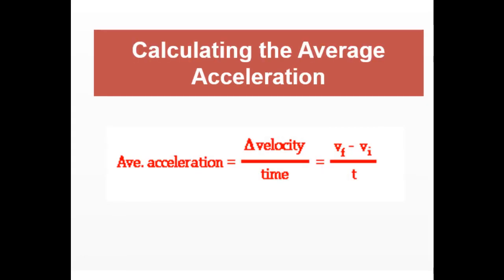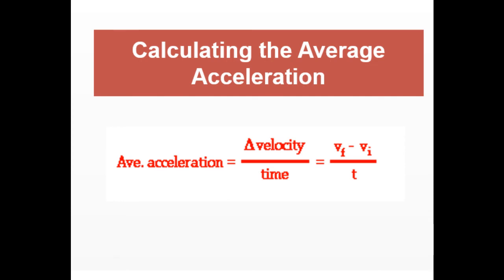When we calculate the average acceleration of any object over a given time interval, it can be calculated using the equation: average acceleration is equal to change in velocity over time. The velocity change can be written as v final minus v initial, over time.